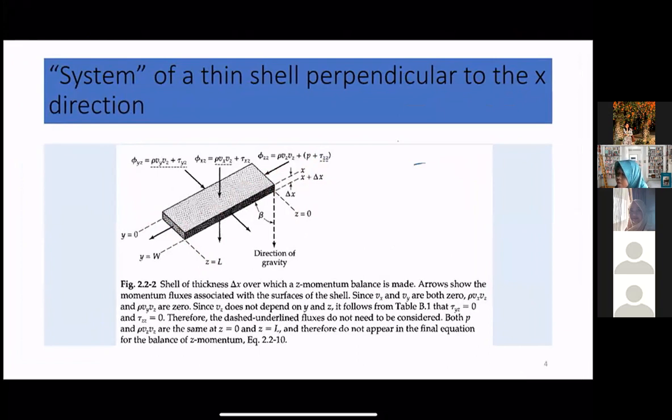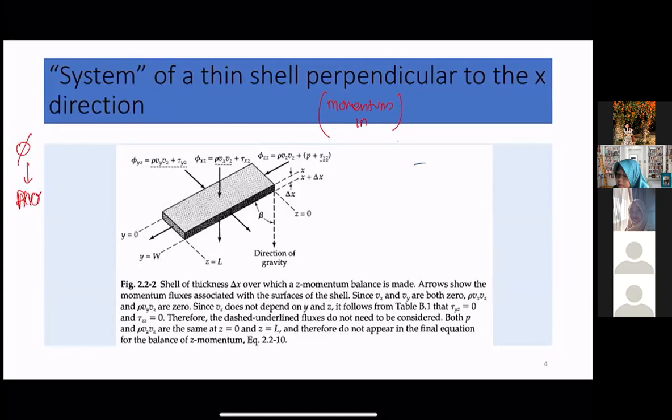First we have to identify that it's actually equal to the momentum in. If we talk about tau or about c, it is called flux.